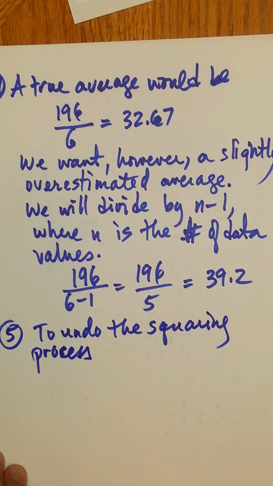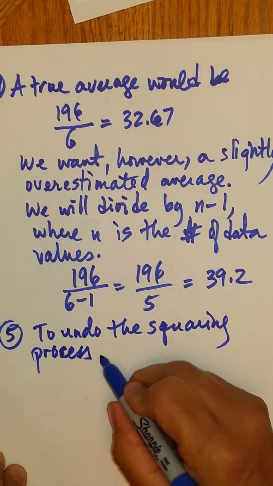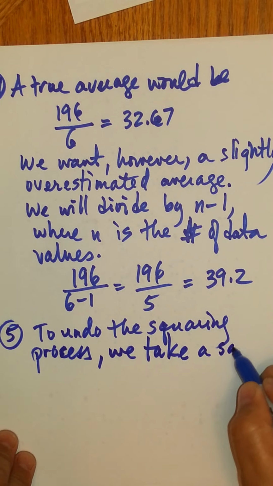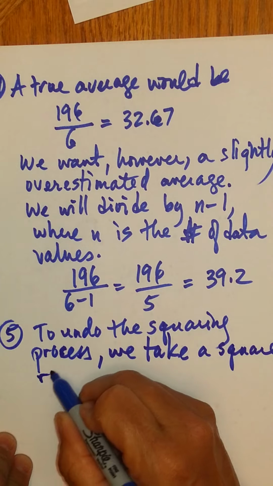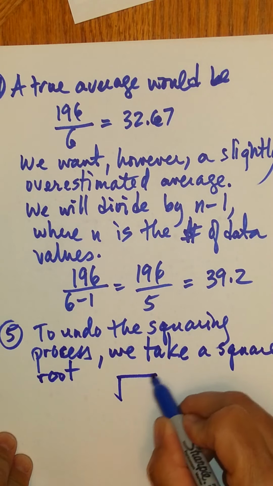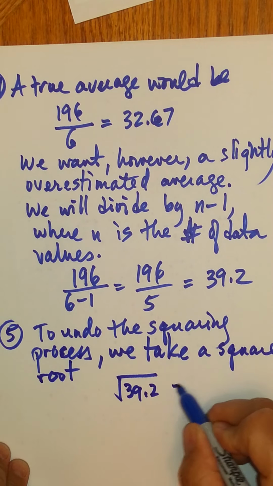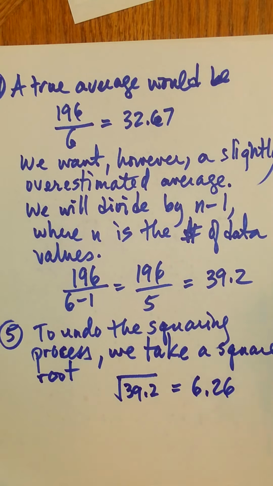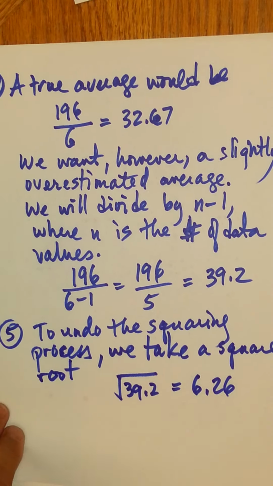I bet you can guess it. What undoes a square? We take a square root. So the square root of 39.2 is 6.26. Okay. So now we're finally there.